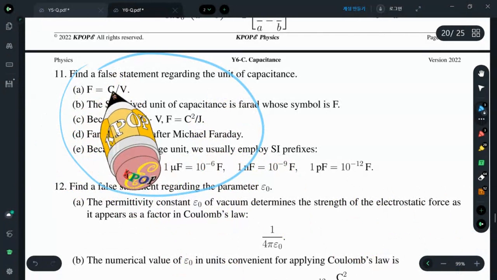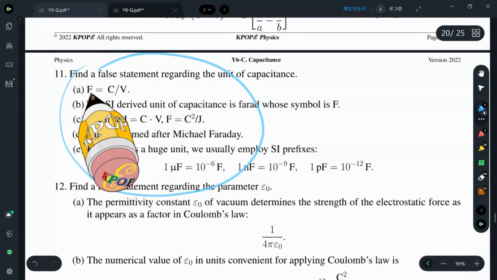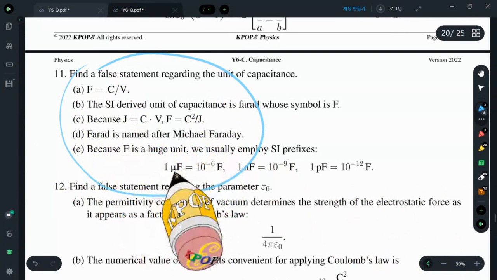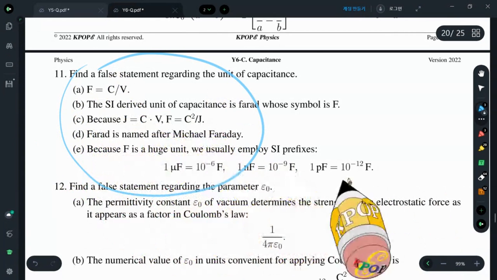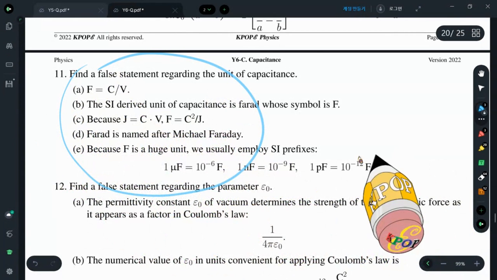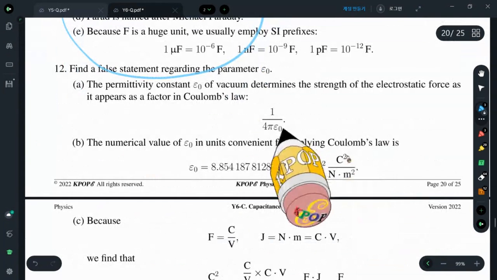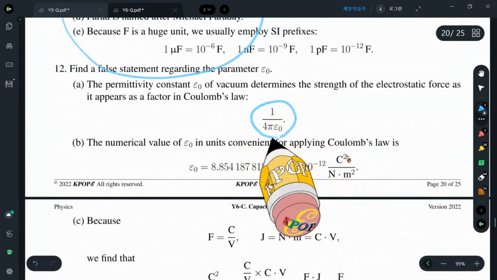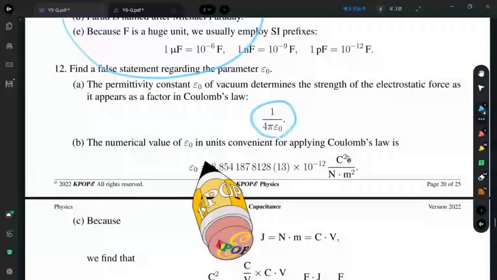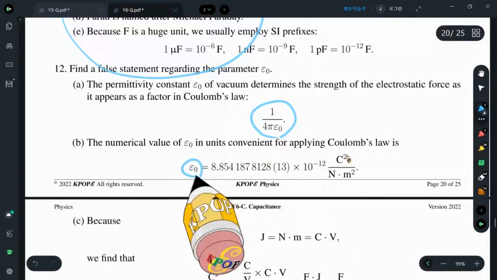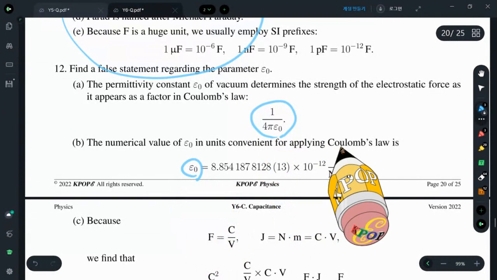C is not capacitor, C is Coulomb. This is farad, and you have to remember all of these useful SI units. And this is the electrostatic coefficient constant, where epsilon 0 is the permittivity of the vacuum.